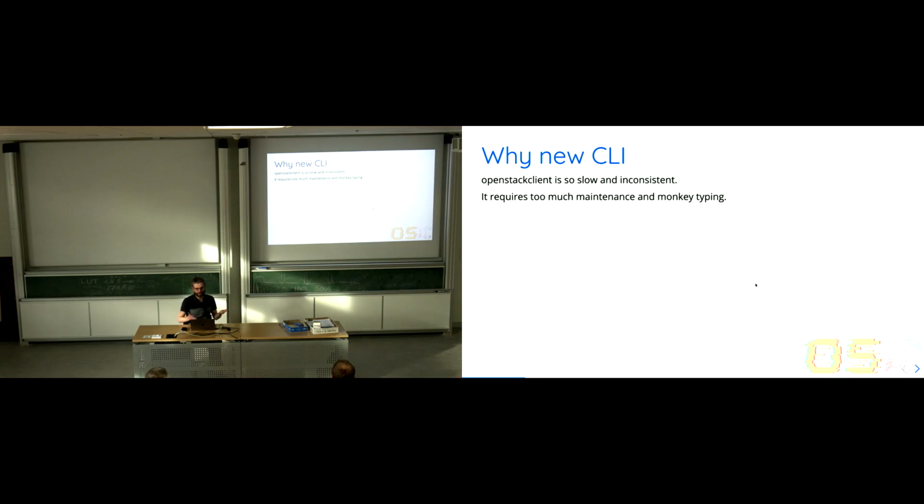OpenStack client is slow and inconsistent. It's not a surprise for anyone, and the hardest thing, for me personally, in my eyes, is that it requires way too much effort from the maintainers on really just keeping it alive, and monkey typing from the point of view of a new field being added in Nova.